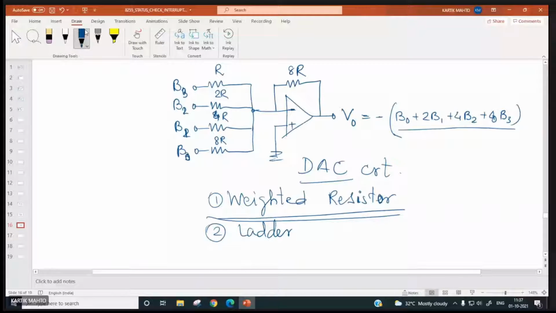Okay. So my question to you is why this ladder? Why not this weighted? Don't you find that it is a very easy circuit? You can create your DAC circuit. Right now I am dealing with only 4-bit. You can extend to 4 more bits, so 8-bit you can create.